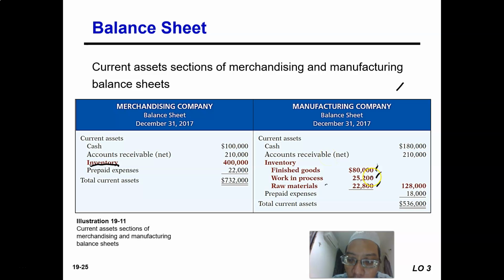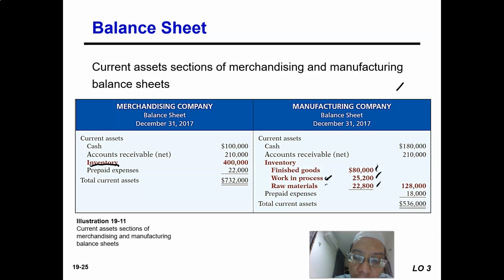And then when they go through the manufacturing process, some of those items were not finished by the end of the period. Those items that have not been finished will become the work in process inventory. And when they have finished the items, some of those completed items are sold, but some are not sold.